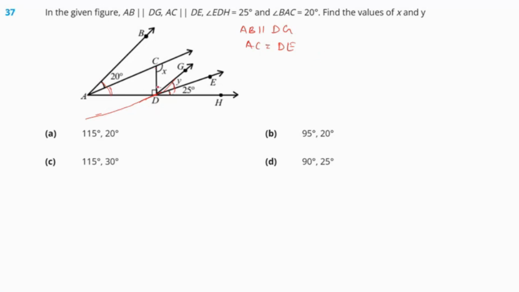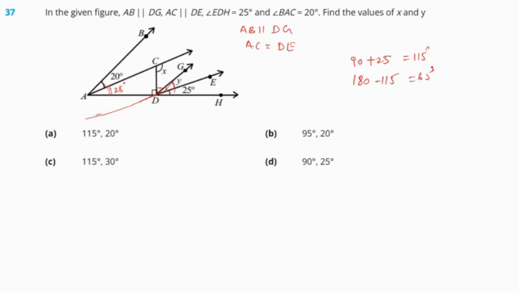If this is 90, this entire angle needs to be 90. This will be 25, so 90 plus 25 gives us 115, and 180 minus 115 gives us 65 degrees.